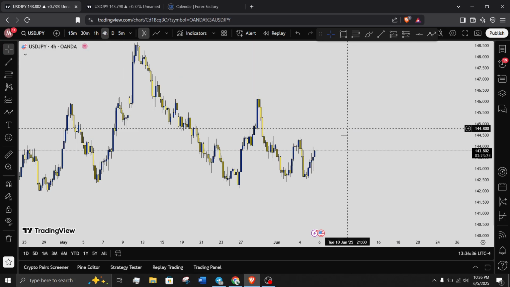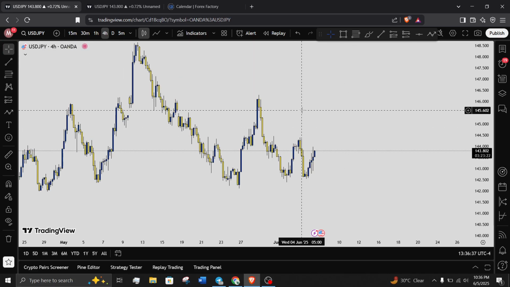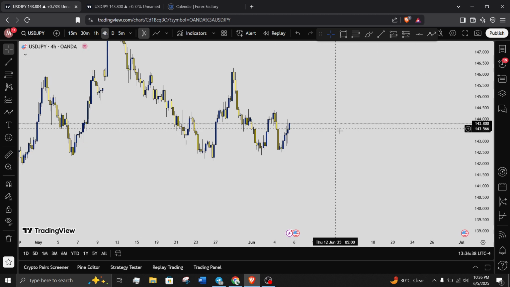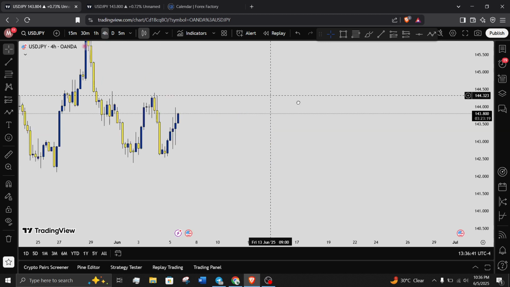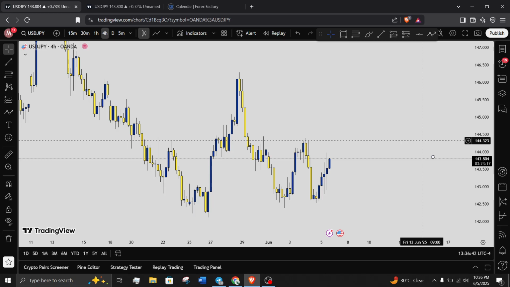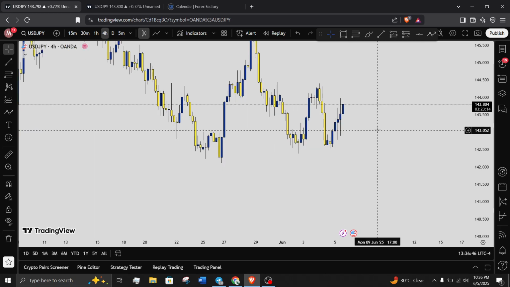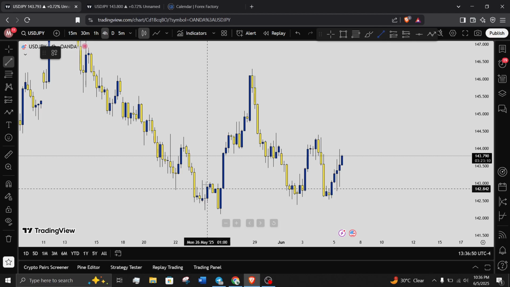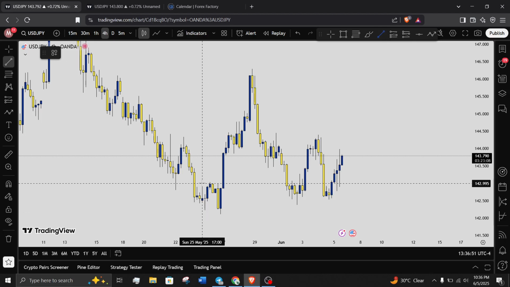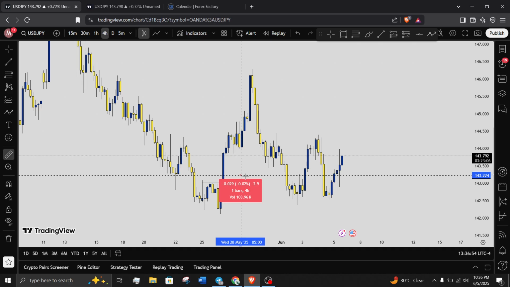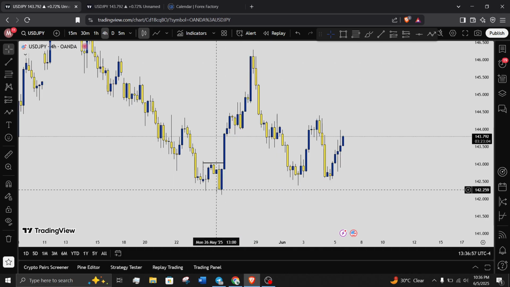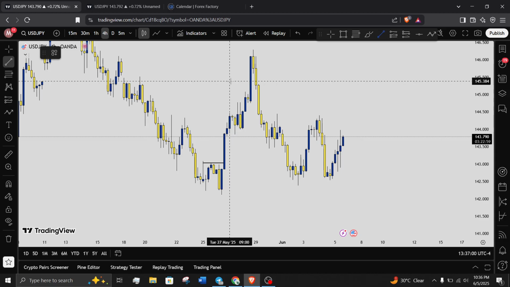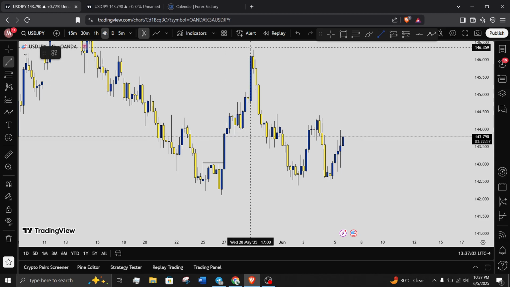Let's say this is the current market scenario, and right here we can see we were in a downtrend, pullbacks, and we couldn't break this low. So I will just start marking the structure right here. Let's say we are starting from this side. We move up, we make a high, and we make this high.